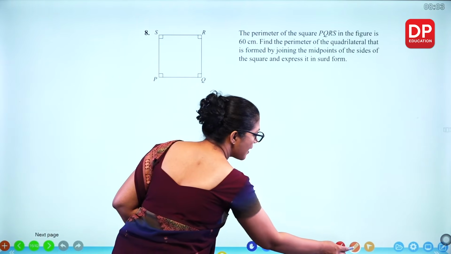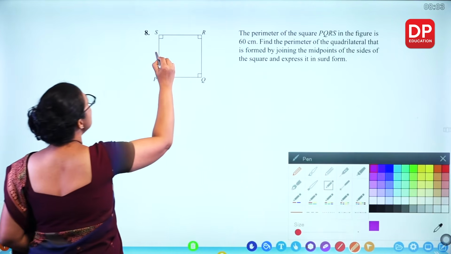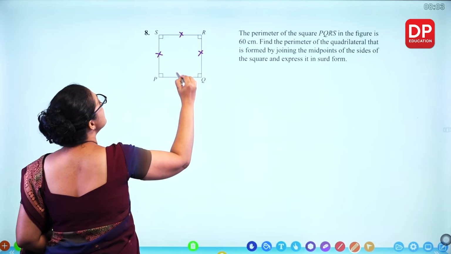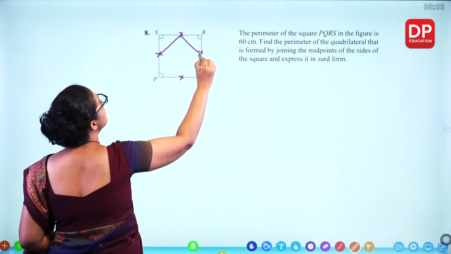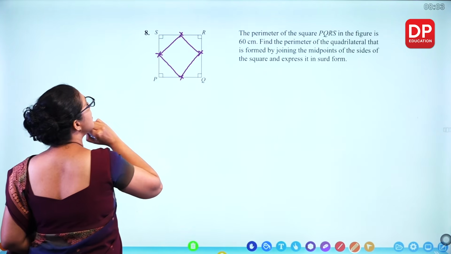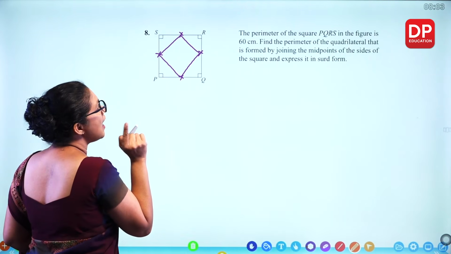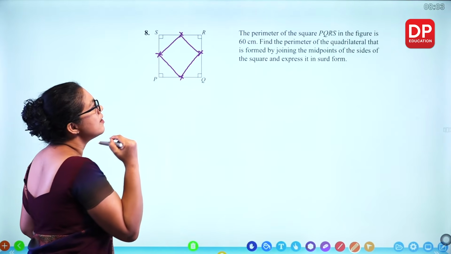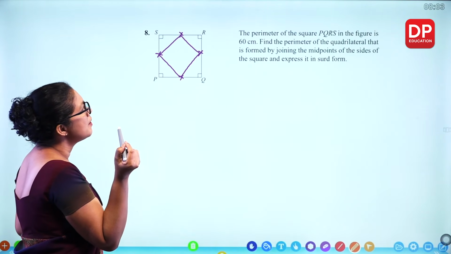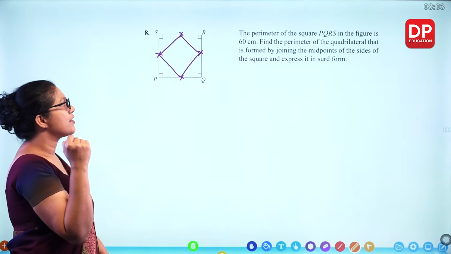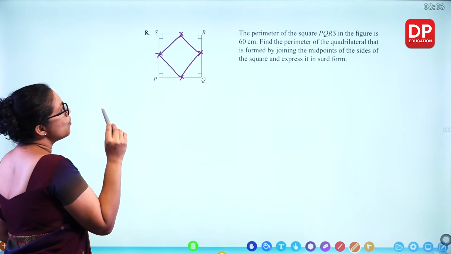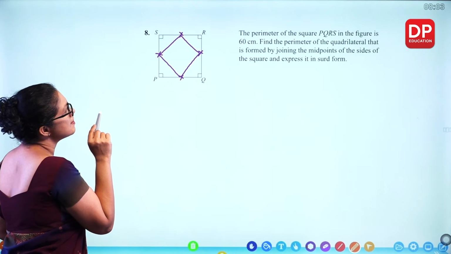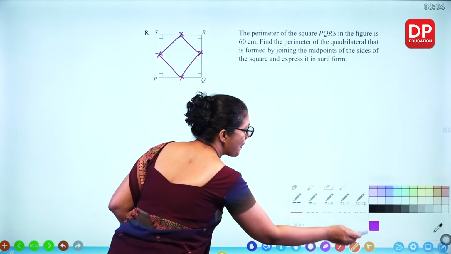So they are asking, if we join the midpoints, you get another quadrilateral, another square. Find the perimeter of this quadrilateral. We know all four sides total 60 centimeters. That's given.